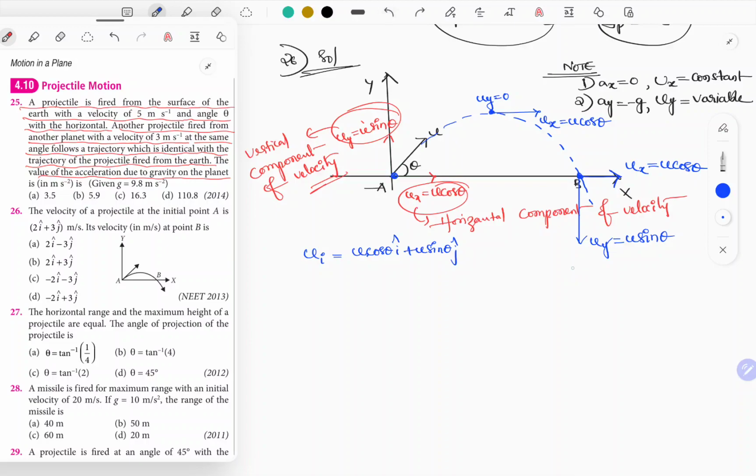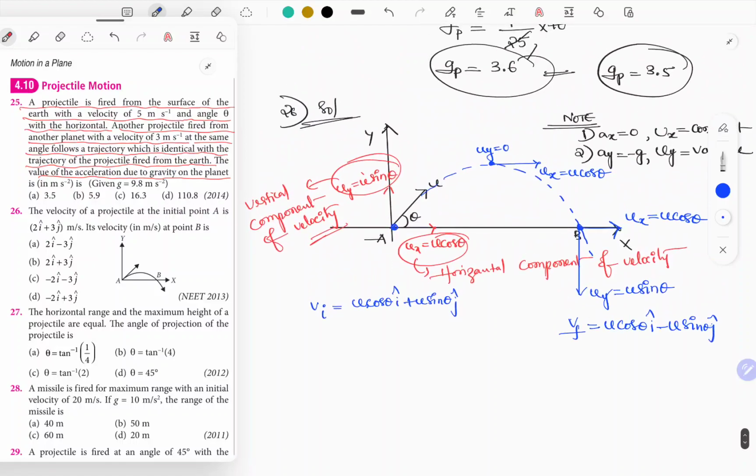So initial velocity I am simply representing with u, v initial. V final is equal to u cos theta i cap, but the vertical component of velocity is going to change its direction, that is minus u sin theta j cap you are going to get.